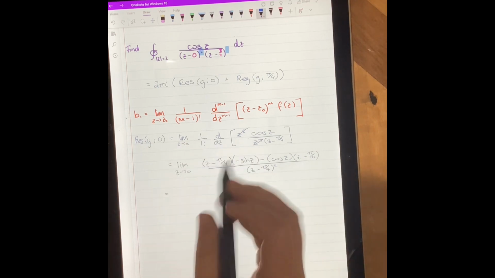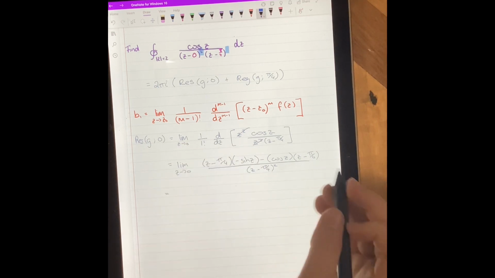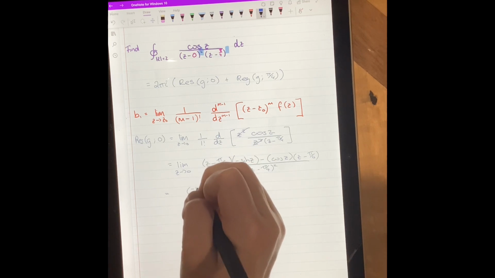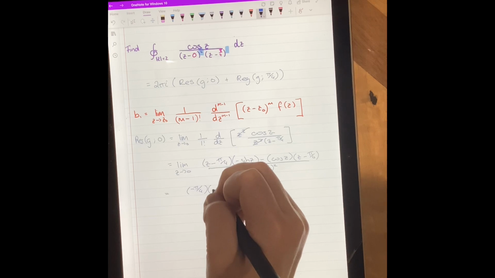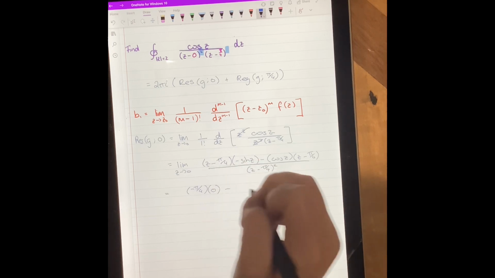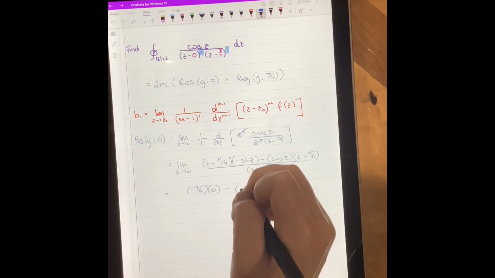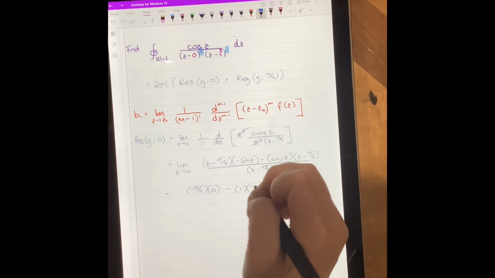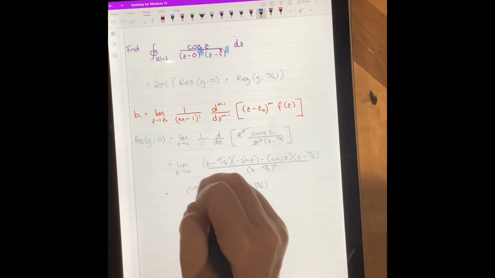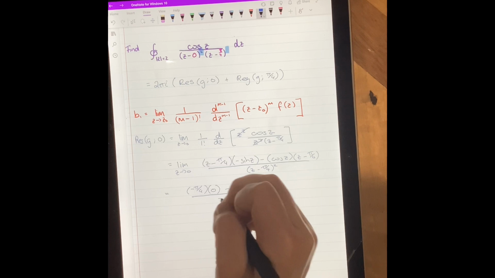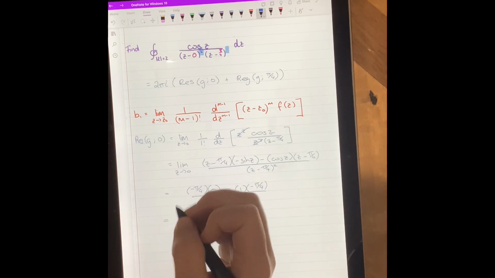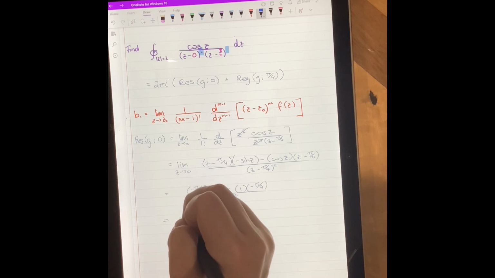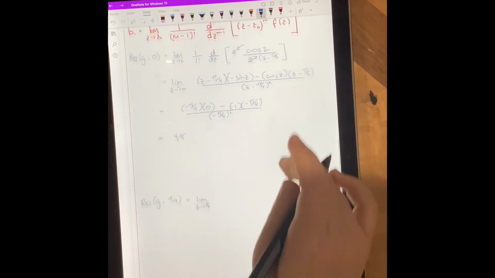So then we just substitute the 0 into this equation, which will give us negative pi on 4 multiplied by sine 0, sine 0 is 0, minus cos of 0 is 1, negative pi on 4, all over negative pi on 4 squared, which will then equal 4 on pi.